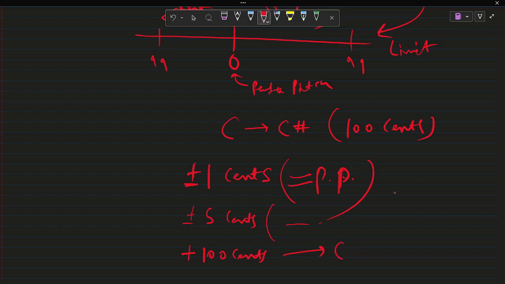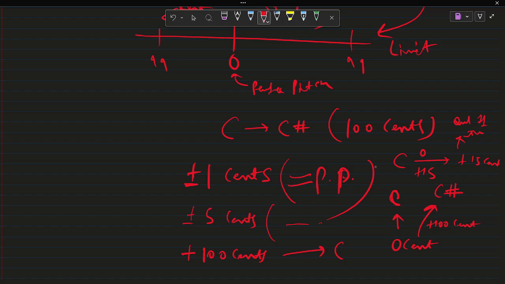Suppose you are at perfect pitch C, so this is 0 cent. If you go to plus 100 cent, you will reach C sharp. And if you go to plus 15 cent or beyond, you are completely out of tune for that particular note.